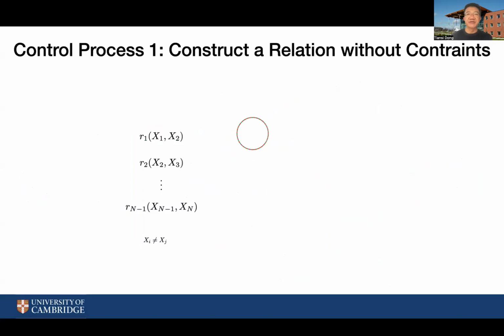The first, simplest case is control process one, where we apply the gradient transition function of this map without any constraint. If we have n minus one statements, and it's without a loop, then it's easy to implement. We can initialize two spheres that coincide.